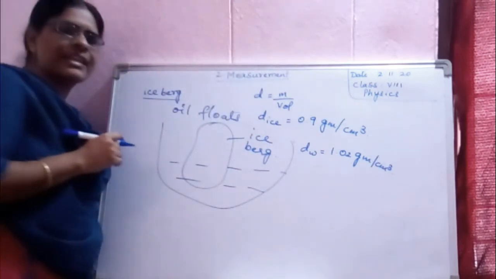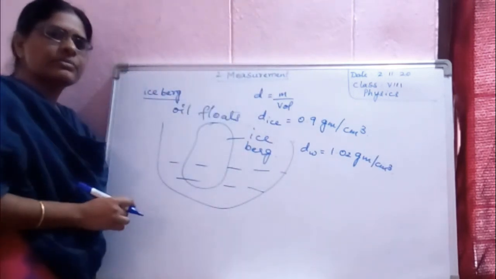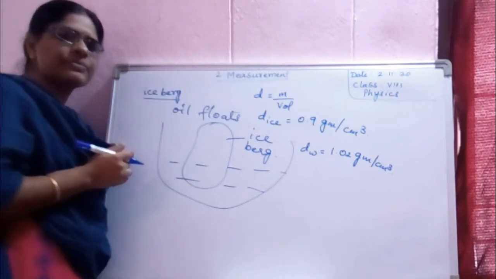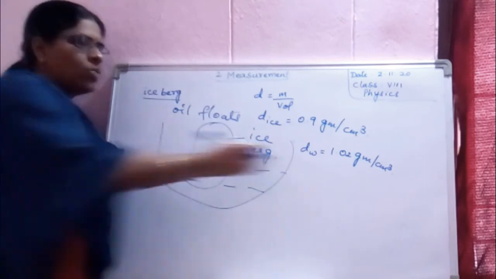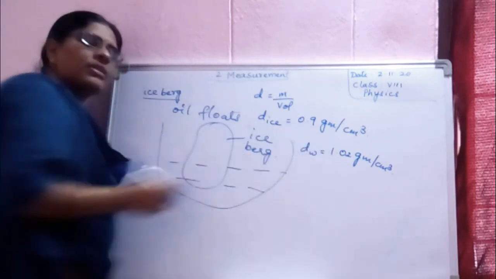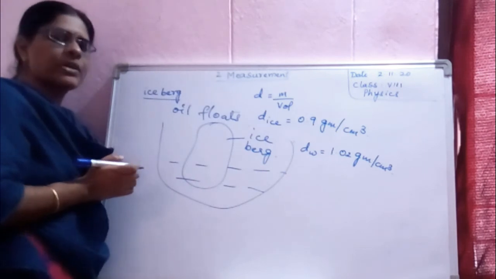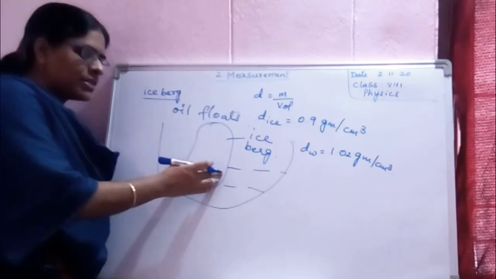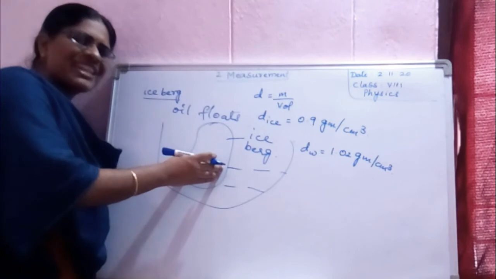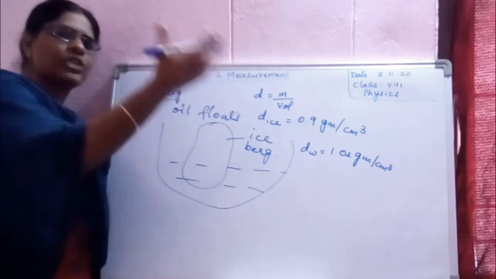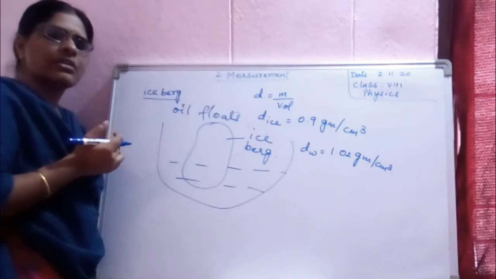Whose density is more, children? Either your iceberg or your water. Water density is more compared to the density of the iceberg. What happens? Those objects whose density is less will be floating on water.